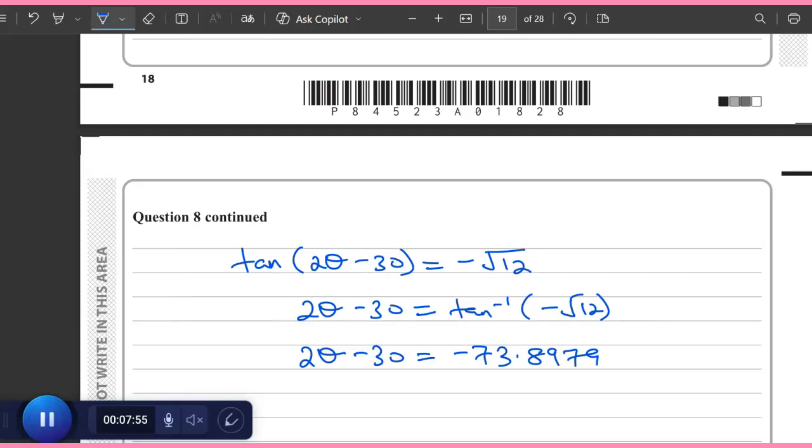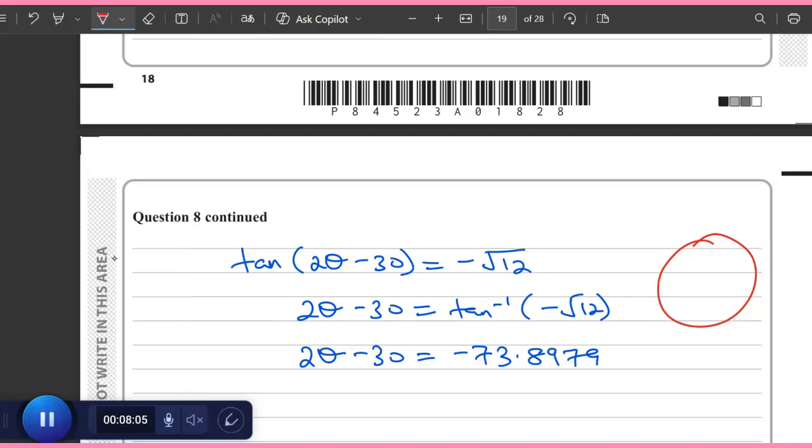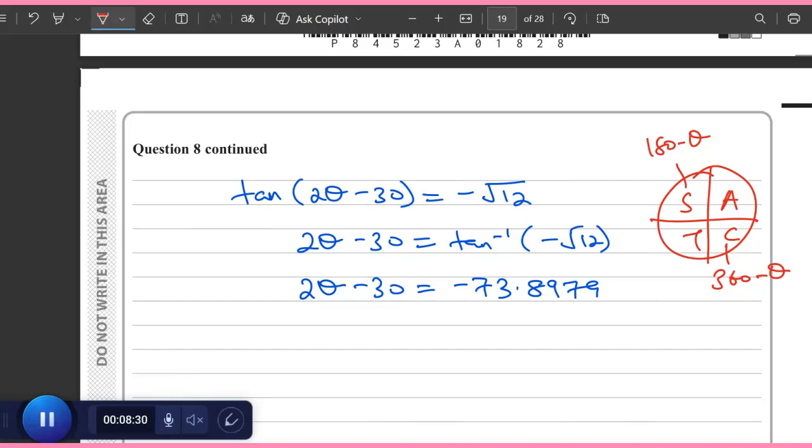Now, since the angle is negative, we go back to our unit circle. Tan is only negative in the second and in the fourth quadrant. And we know that in the second quadrant we'll have 180 minus theta, and in the fourth quadrant we'll have 360 minus theta. Now if we substitute these two, this is what we are going to have.